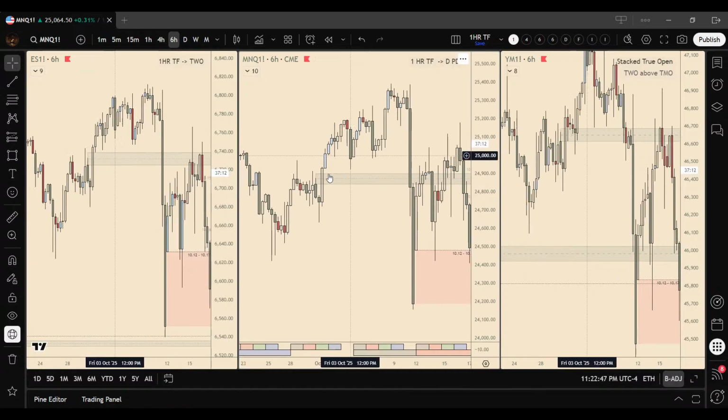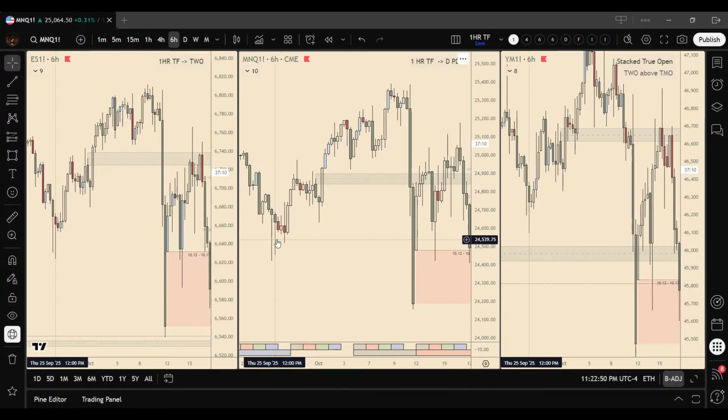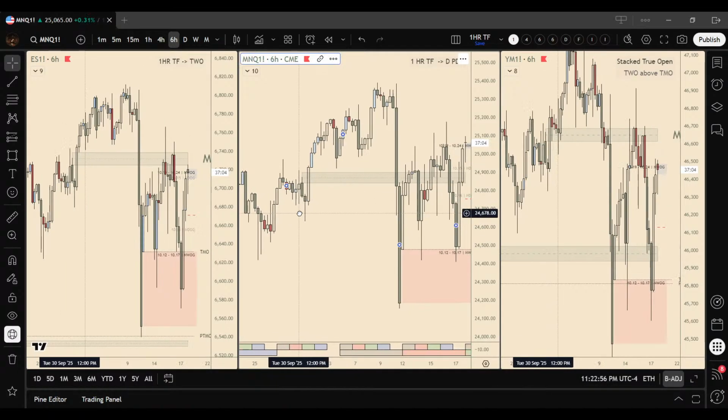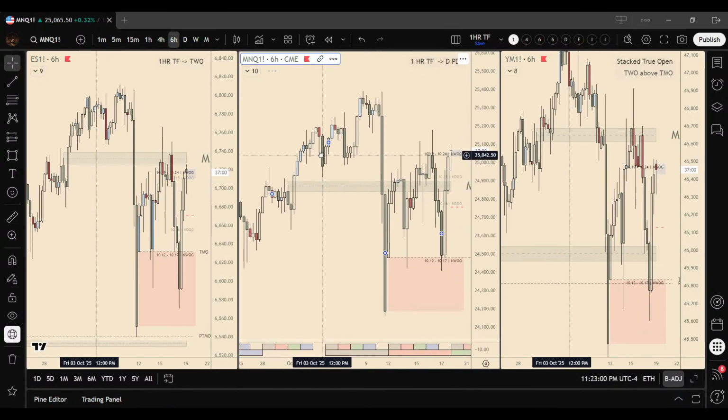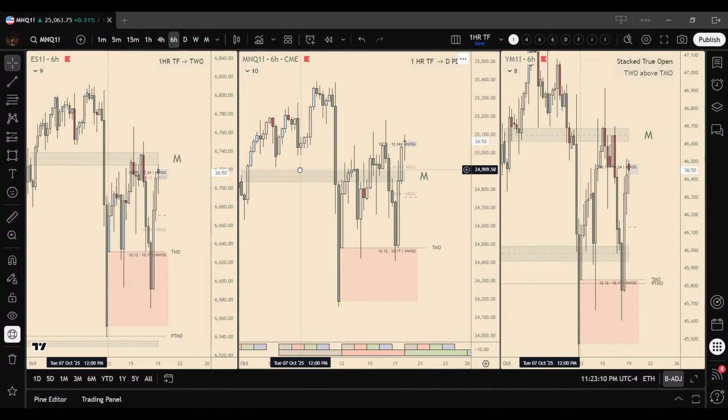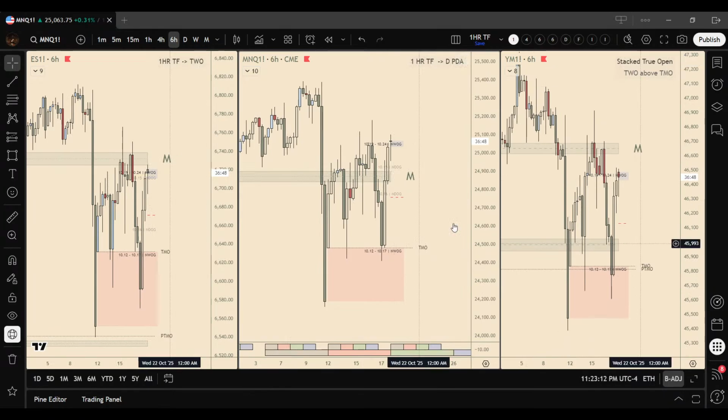Sometimes they're hard to read because they print, but they always carry an immense amount of liquidity, especially if afterward the candle creates sequential SMT or turtle soup. It's always going to be high probability. But yeah, I think we might be bullish.